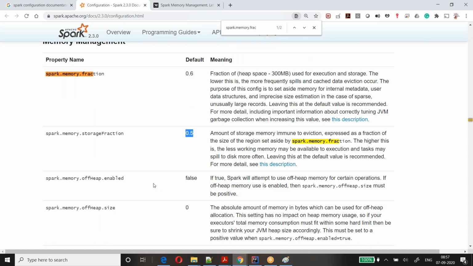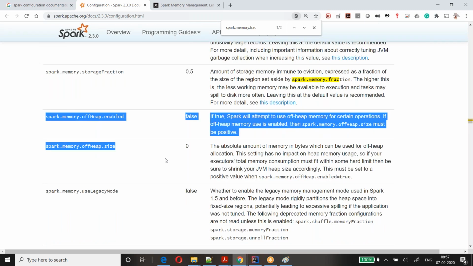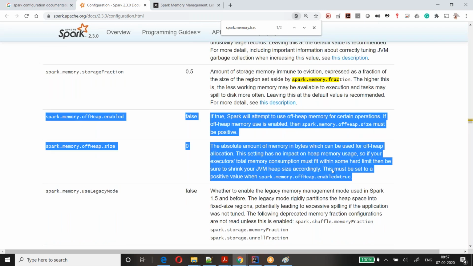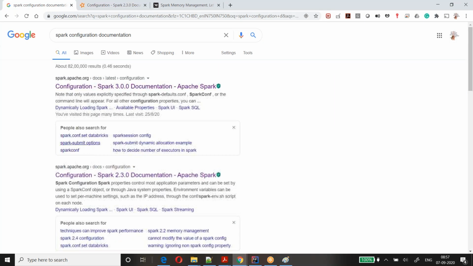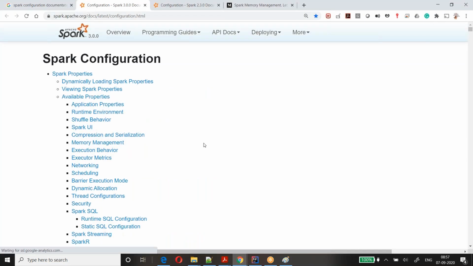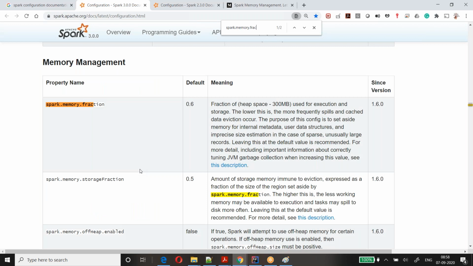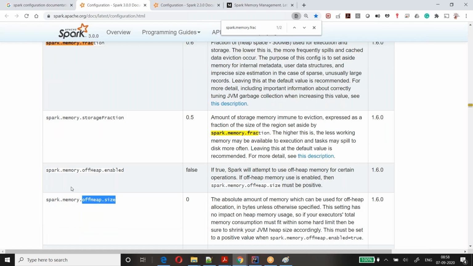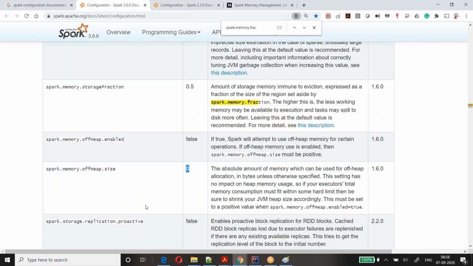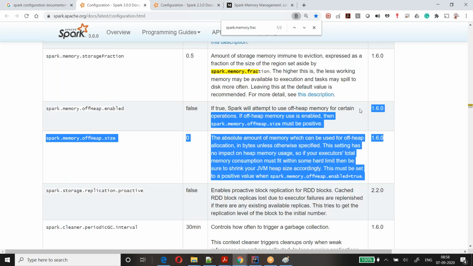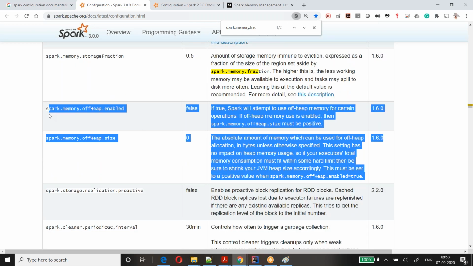Also, this is configurable, whether the storage has to be allocated or not. And if you see, there will be changes, so it's not always the same configurations. As of now this is the same. It's false only, it's 0 only by default. These are coming from 1.6, this version, and it's not changed.